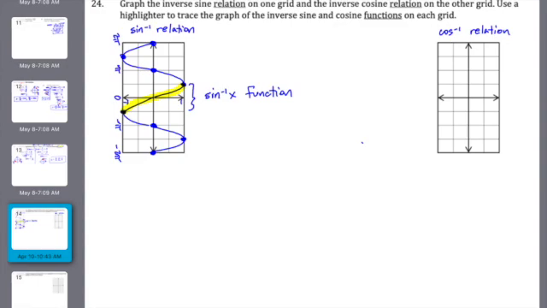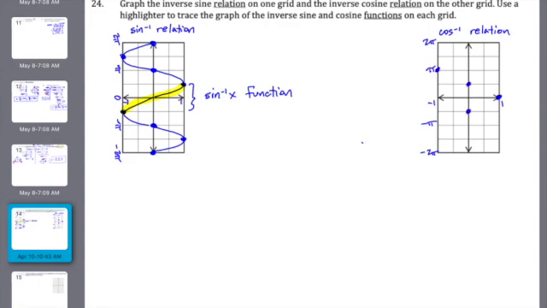Okay, for cosine inverse, we're again going to go from -1 to +1. This is going to be pi, this is 2 pi, this is -pi, and this is -2 pi. And then that one at 0 has a value of +1, and then it kind of is symmetric about that x-axis.